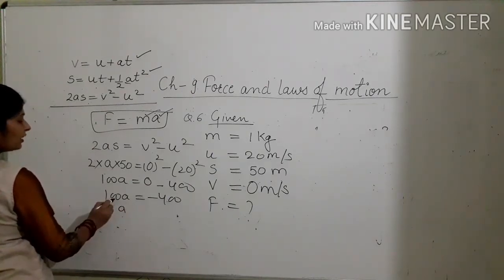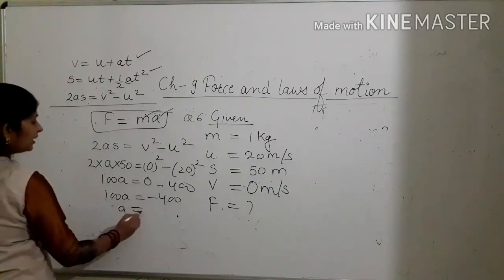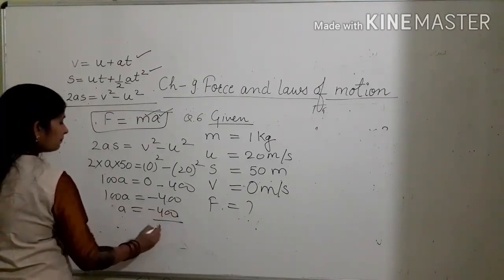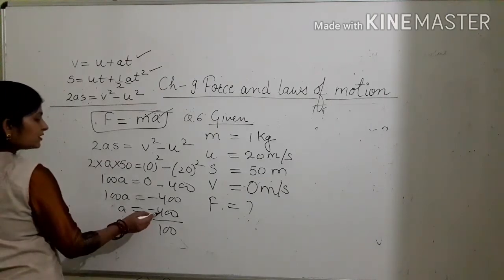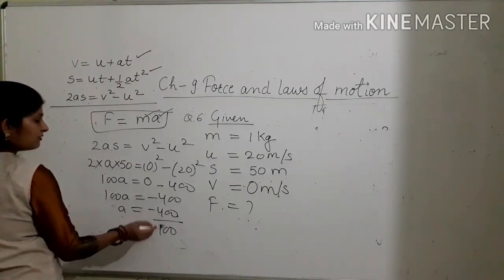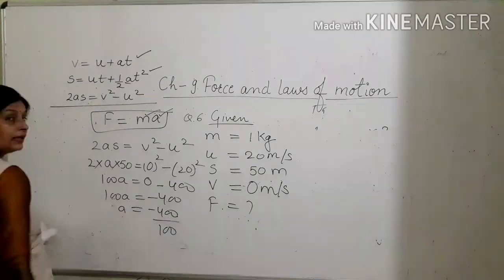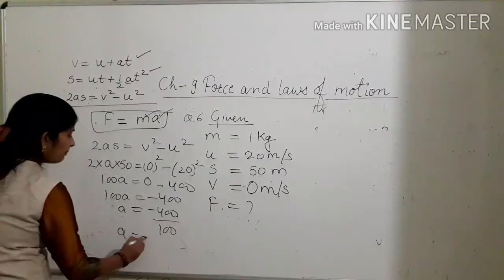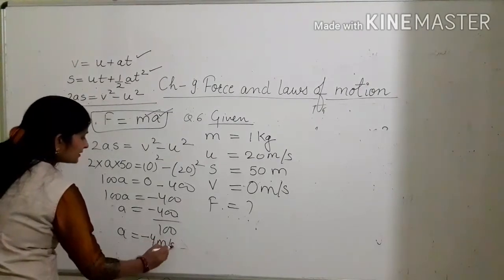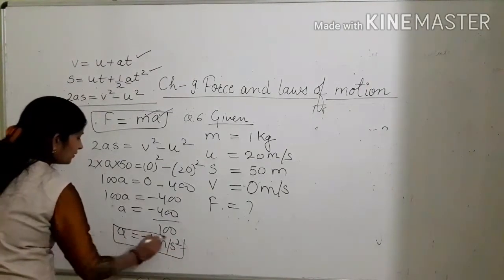When we transfer it from the left to the right side, it will divide minus 400. Now, minus 400 divided by 100, then we get acceleration minus 4 meter per second square.